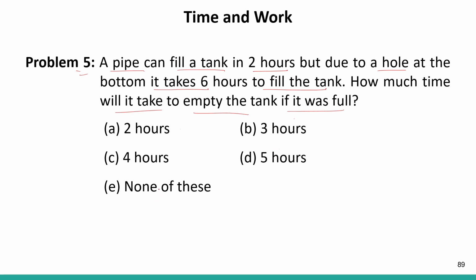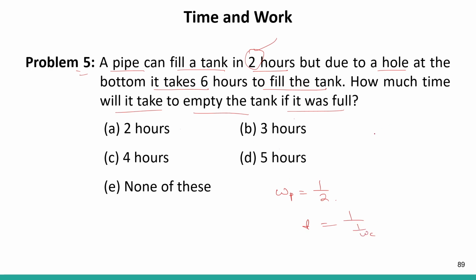Okay, so we'll see. Let's try to get our head around the question. The pipe can fill the tank in 2 hours, but due to a hole. So the W of P is equal to 1 by 2, right? This is the work rate of the pipe. But due to the hole, it takes 6 hours. So we know that T is equal to 1 by W combined.